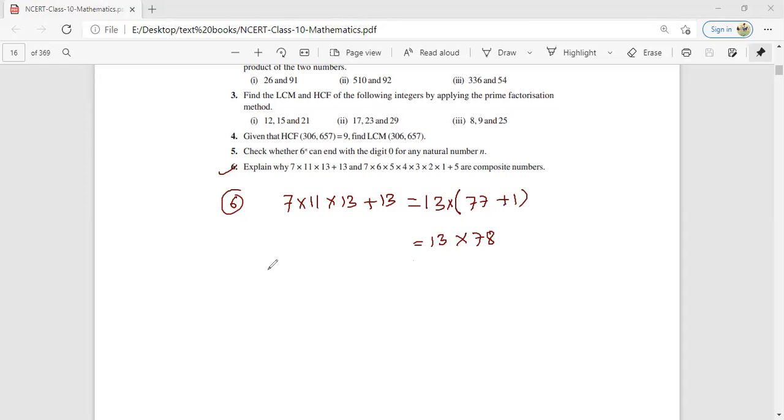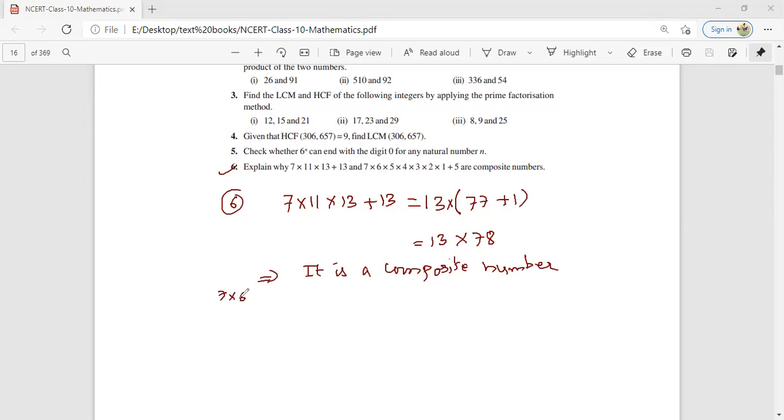So when it is written in the form of two factors, therefore it is a composite number. Okay. Similarly, the second question also, same way we can write.